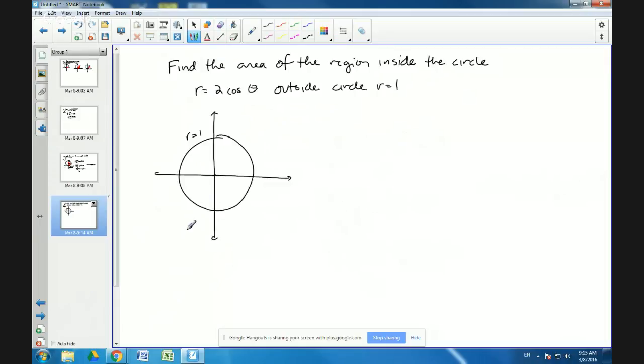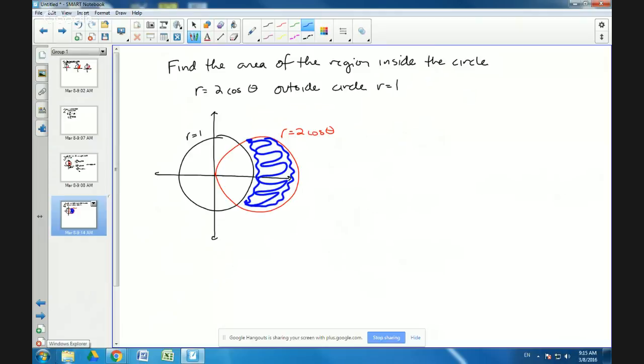And r equals 2 cosine theta. So we're looking for the area inside this and outside the other, right?